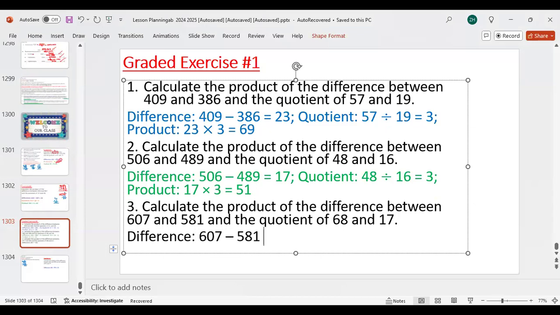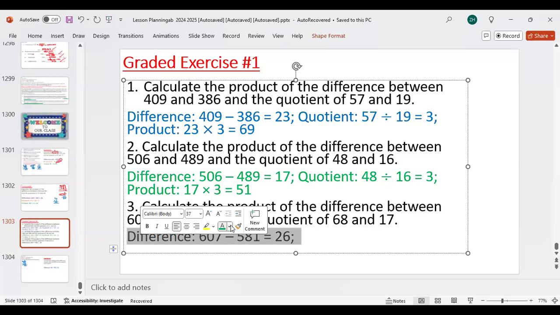So 607 minus 581 gives us 26. Yes, sir. Good. Did anyone else get 26? I did. Good.